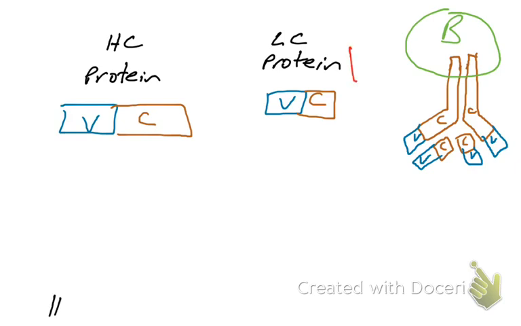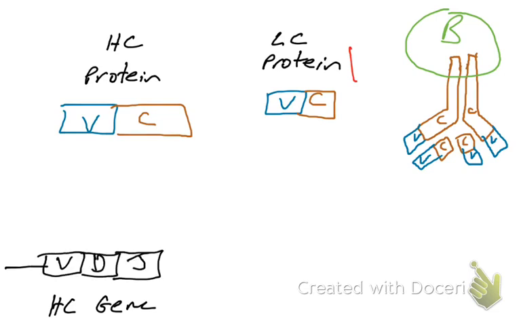If you recall when we were talking about the heavy chain gene and the light chain genes, they're complicated because they have these gene segments that are rearranged in order to generate diversity in the variable region of the protein, giving you trillions of combinations of antigen binding sites.